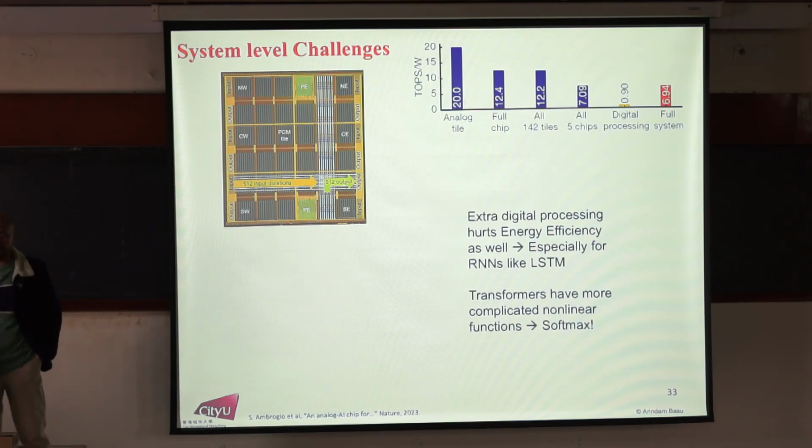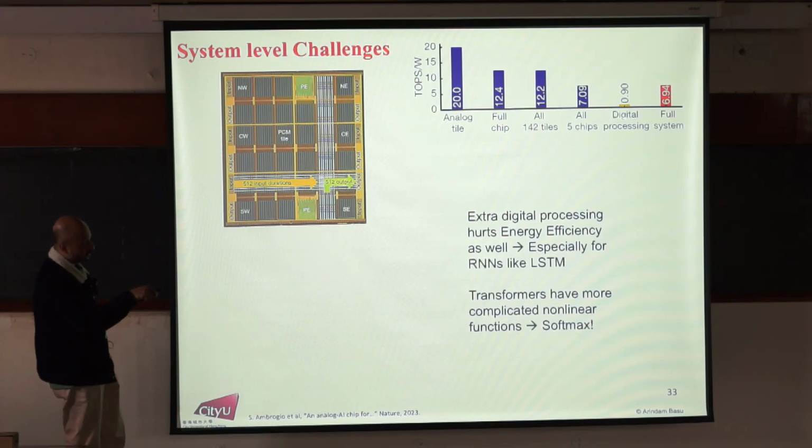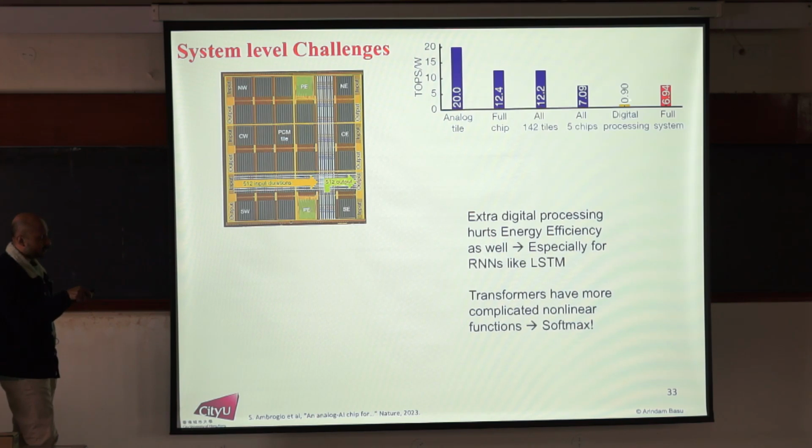So you have to look at the whole system and understand which part you want to improve to get full system level benefit. In their case, they had very tiny processing on an FPGA, which is very low TOPS per watt. They get something like this 5-chip efficiency in the end. So also the extra digital processing, if this is more, you can see that this energy efficiency is a lot less, right?